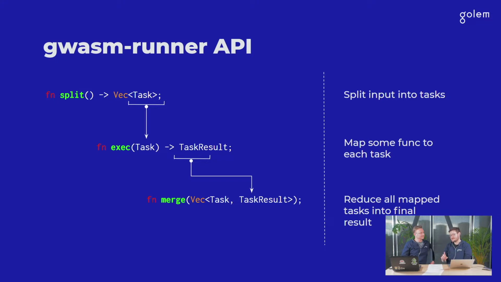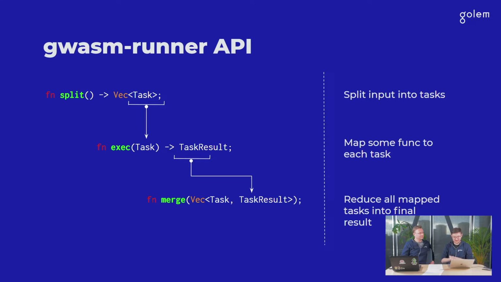Then each task ends up at the provider node, and the logic that you specify in the exec step is the logic they're going to use to compute this bit of the task. Super simple, and that generates the task result. All of those task results then come back to us, and in the last step, called the merge step, you combine them into the final result.